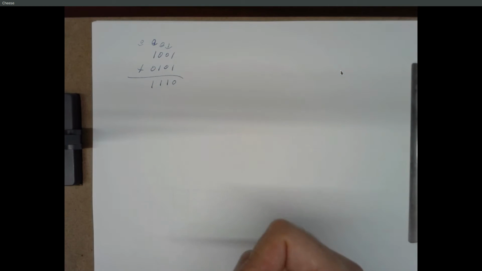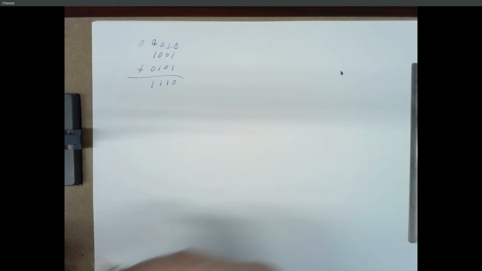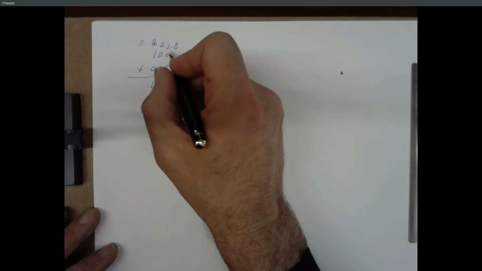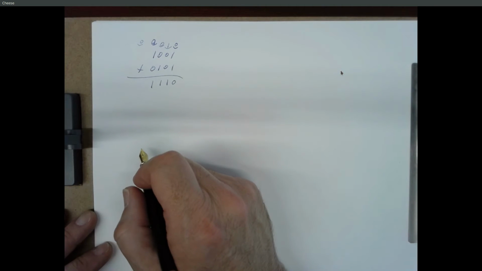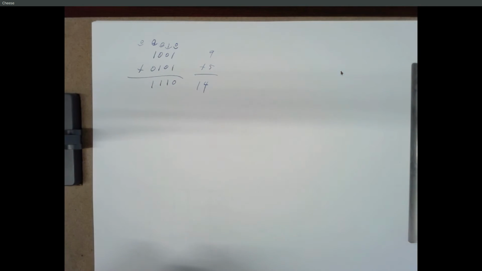And our original carry here was assumed to be a 0, right? There was nothing to carry over. So this was really just 0 plus 1 plus 1. So this is 9 plus 5 equals 14. So math works.